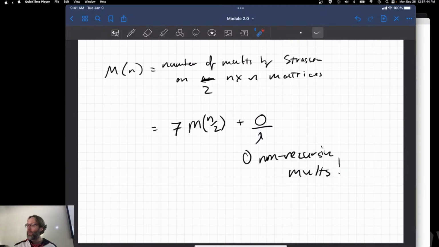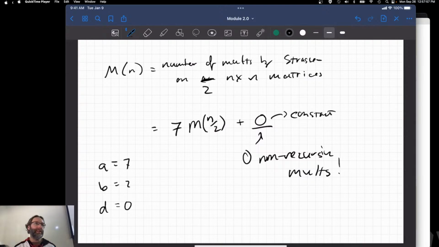So, master theorem, a is 7, b is 2, and d, our exponent, is going to be 0 because this is a constant. All right? Now there is a base case where you end up doing non-recursive multiplications, but it's only in the base case, and that doesn't matter for the master theorem.